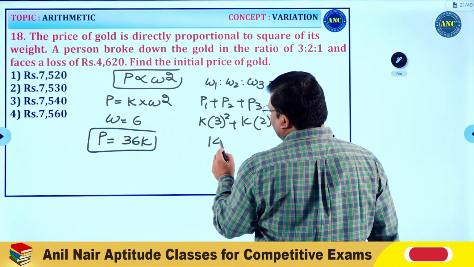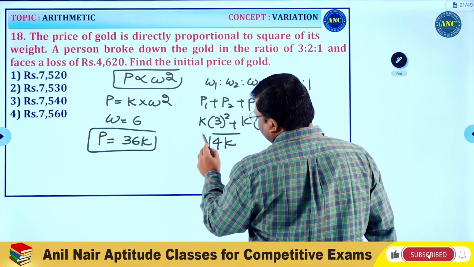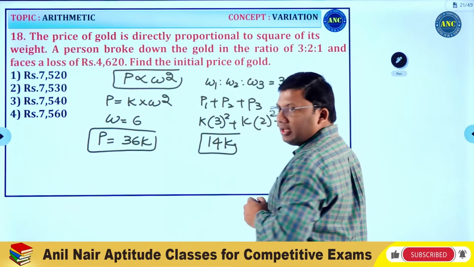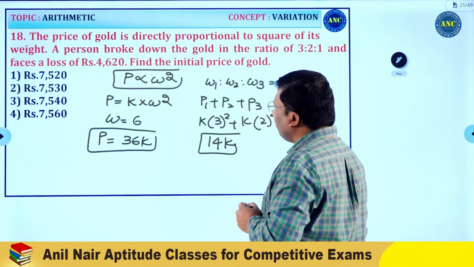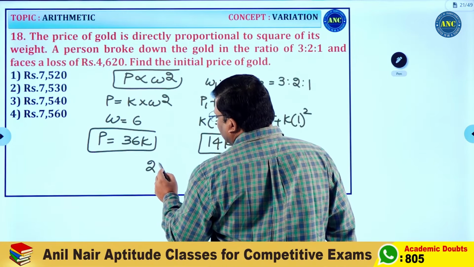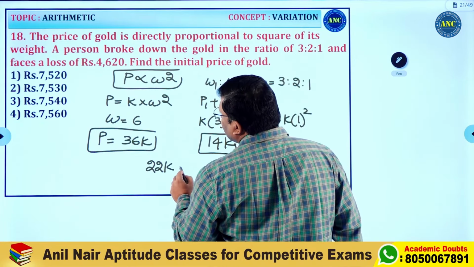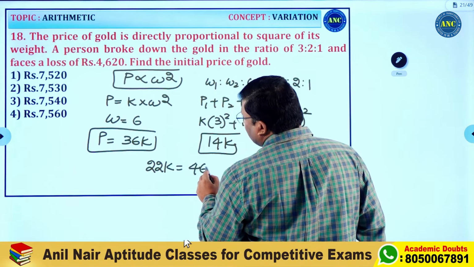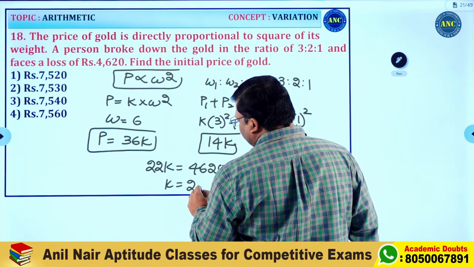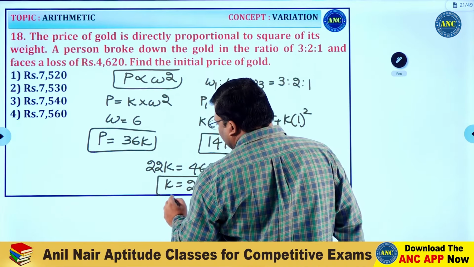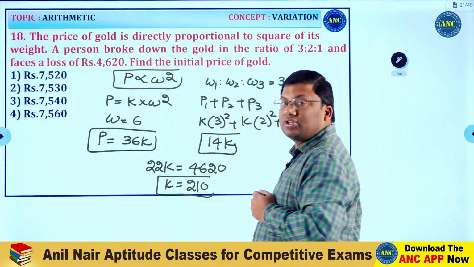It is 14k. Initially it is 36k, now it is 14k. Loss is 22k. What is given in the question? 4620. So k will be 210.